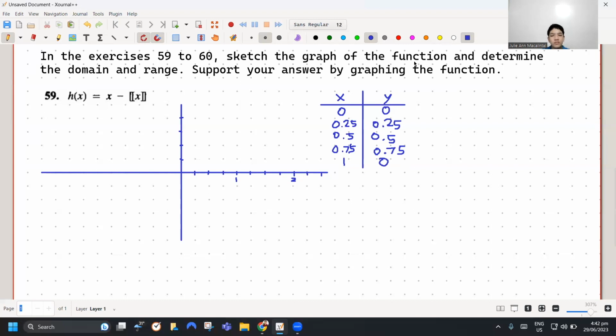Tingnan mo. So 1.25, 1.75. So 1, and then 2.